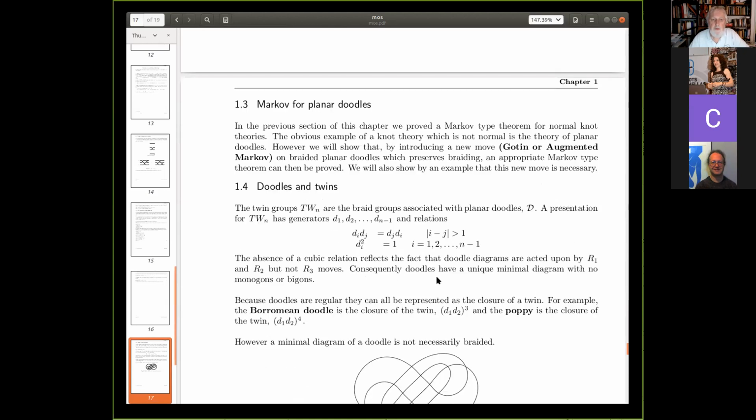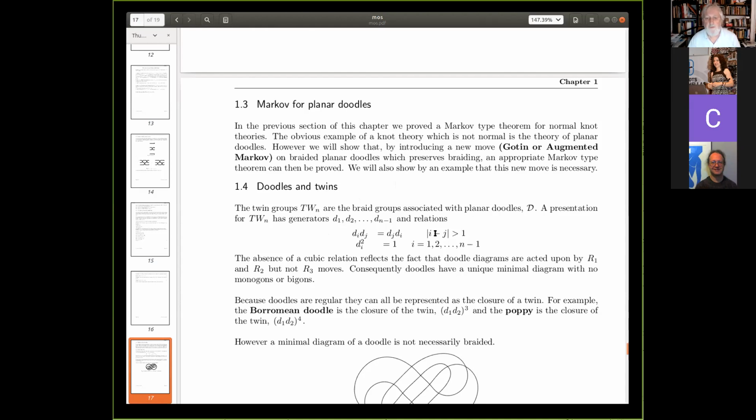Right, well, what about doodles? Doodles were the only example of regular knot theory which is not normal. The braid group associated with doodles is called twins. They have generators d1, d2 up to d(n-1), and relations, of course, the usual ones.